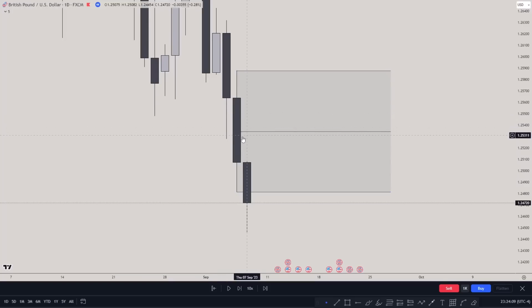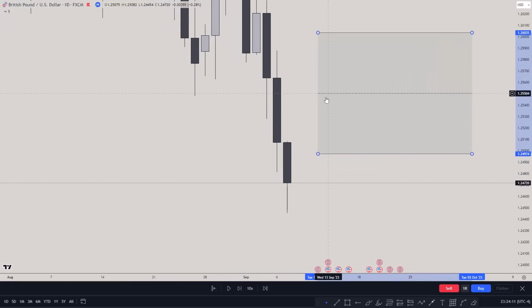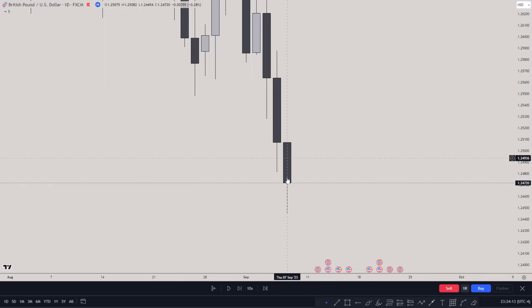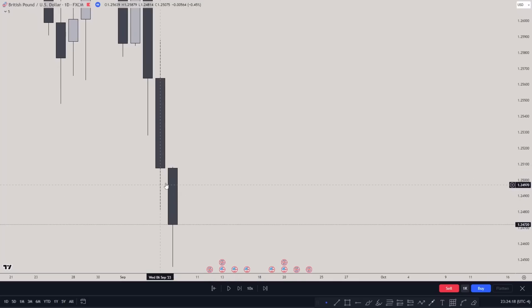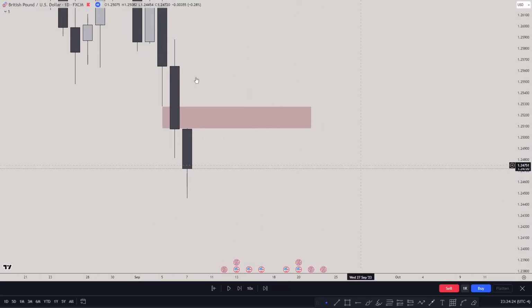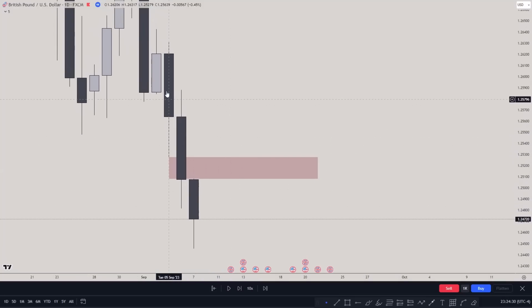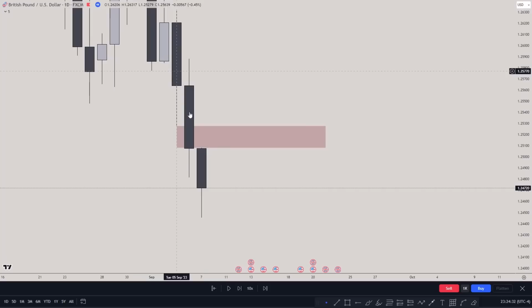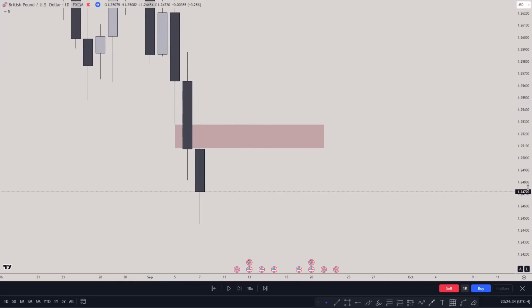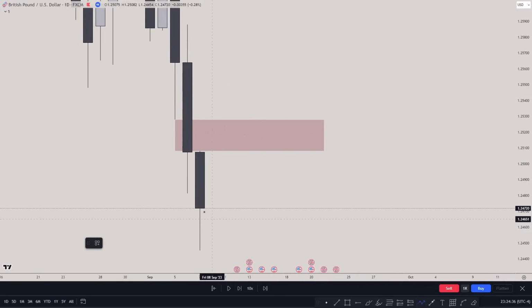Price doesn't come to the 50%. And we have this small candle compared to those two. This is a small candle. And what do we have above this candle? Fair value gap. And what did I say when price has been going lower aggressively? And then we have a small candle and two big candles, very big expansion candles. What do we expect? We expect this.